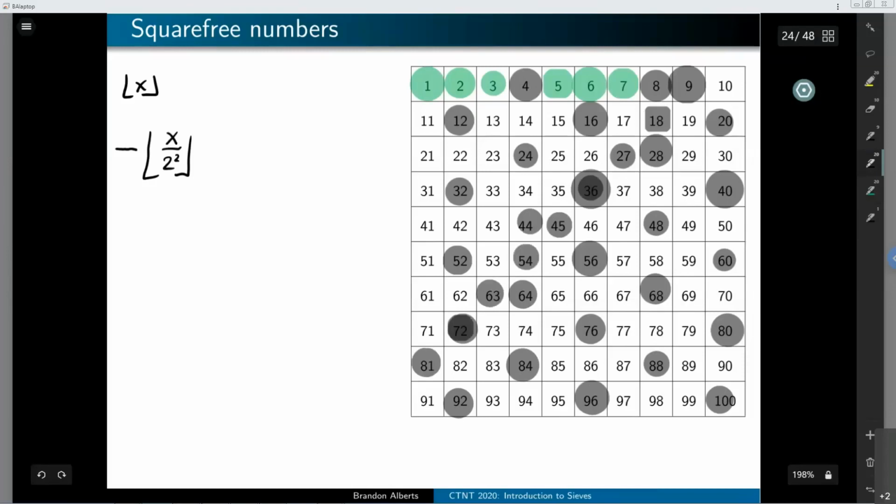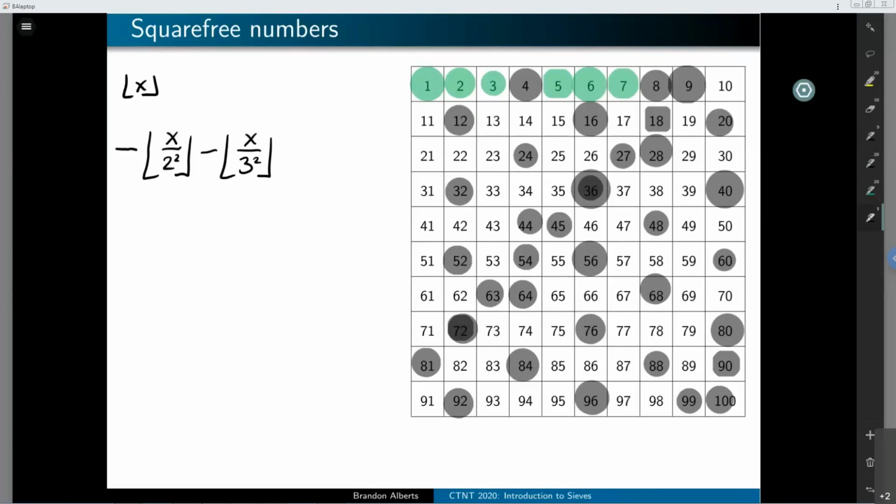These are a bunch of multiples of 9, also 90 and 99. So we had to remove x divided by 9, approximately, numbers, because that's how many numbers there are below x that are divisible by 9.